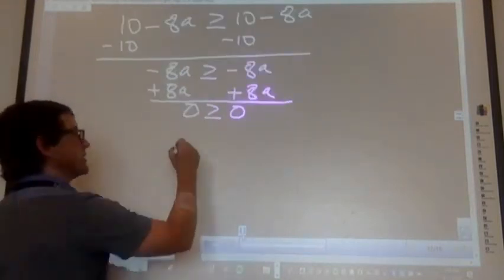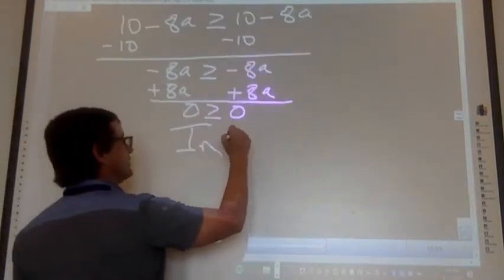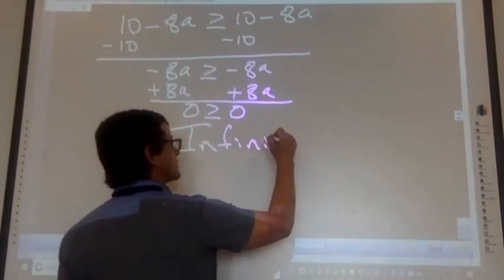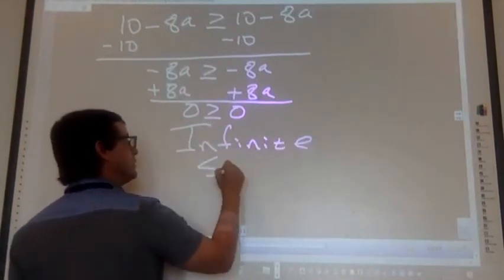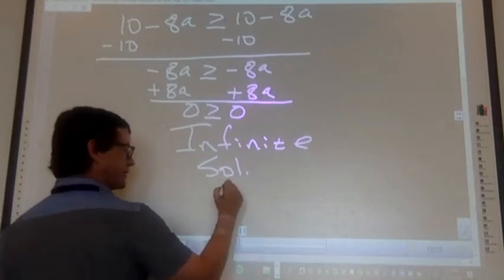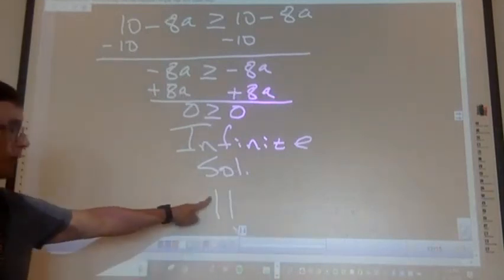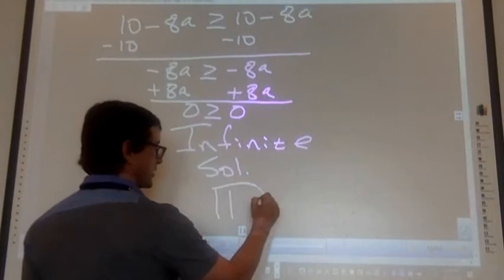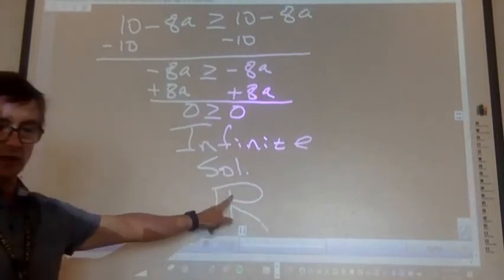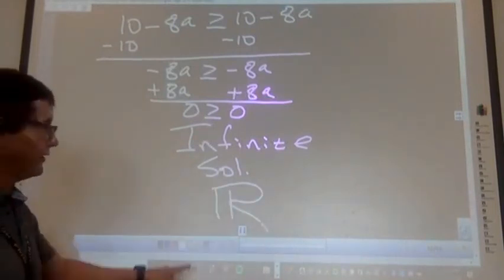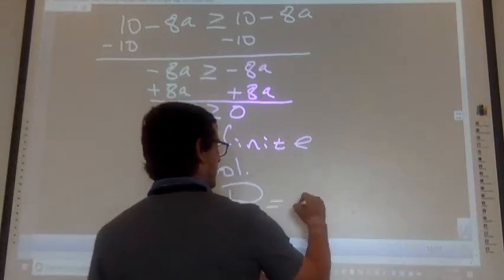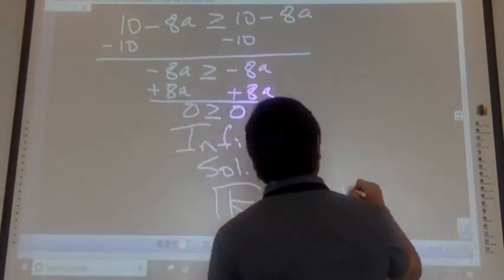Because it's equal to 0, that's why it's infinite solutions. We could say all real numbers, you draw that double stick, and then you start your R off the back stick and draw the little middle part of the R off the front. This means all real numbers.